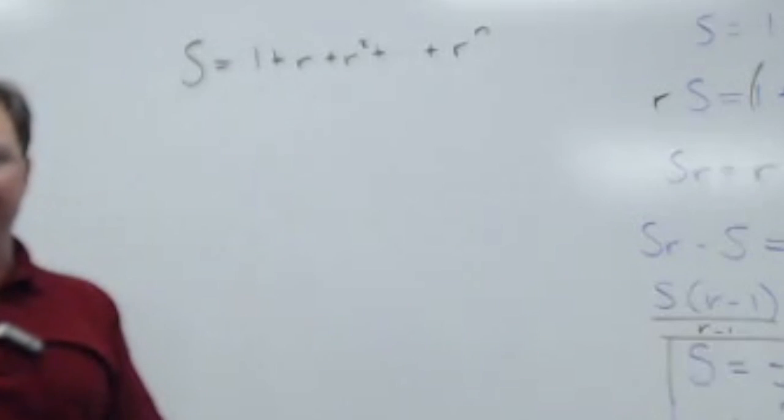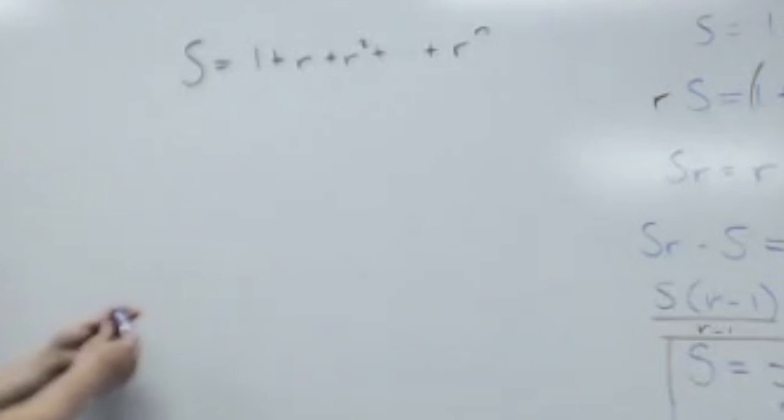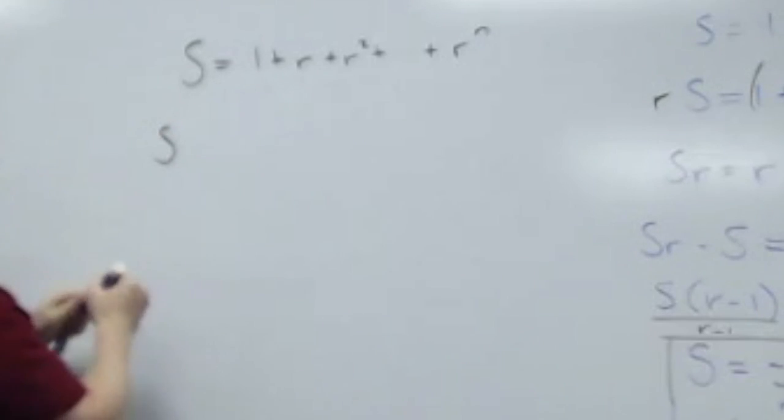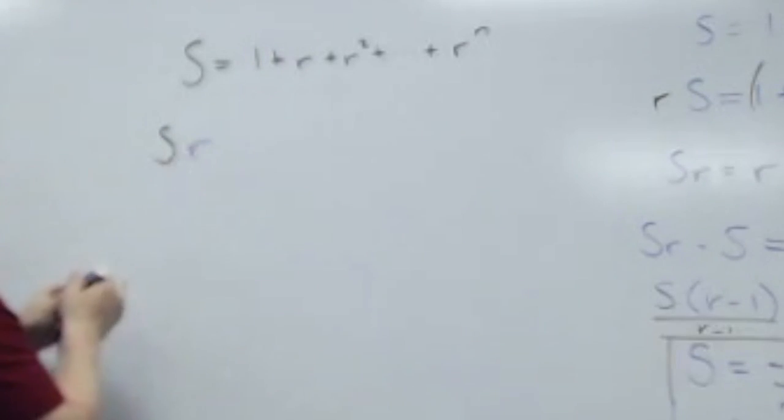In this case, I'm going to use the same argument. I'm going to multiply both sides by r.